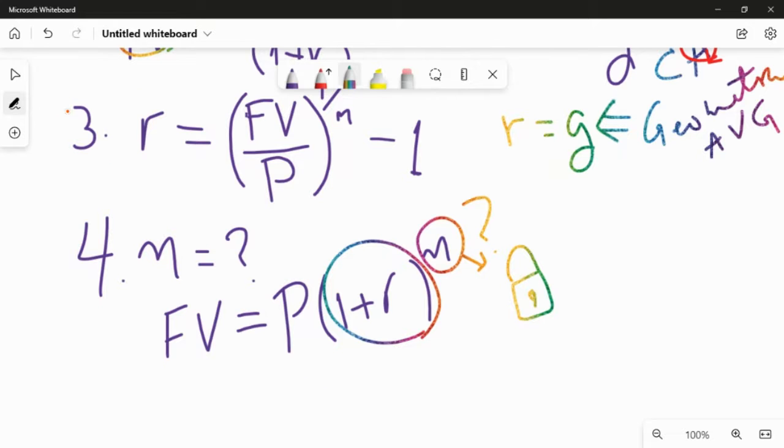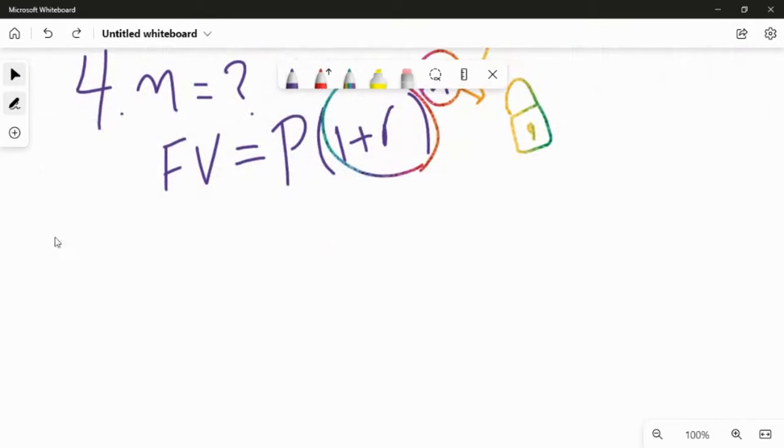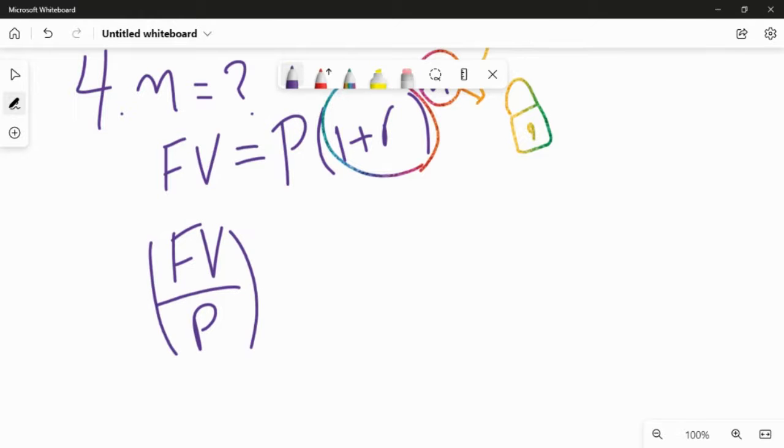So what we do next is, of course, isolate whatever you can. By dividing both sides by p, we isolate only 1 plus r and the padlock on it.